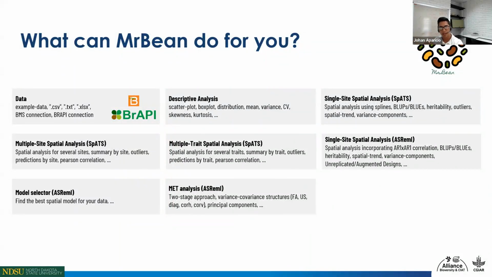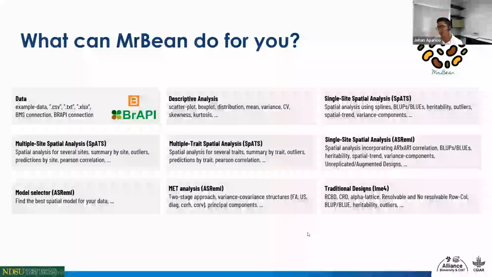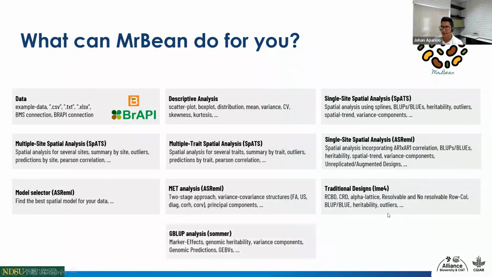And the MET analysis that we are going to discuss next week, which uses basically ASReml and also a two-stage approach. We are able to fit factor analytic models, a structure, core GH, run principal components analysis, etc. And the traditional designs using lme4: RCBD, CRD, alpha lattice, resolvable and non-resolvable row column, and also to estimate BLUPs plus heritability and to identify some potential extreme observations.